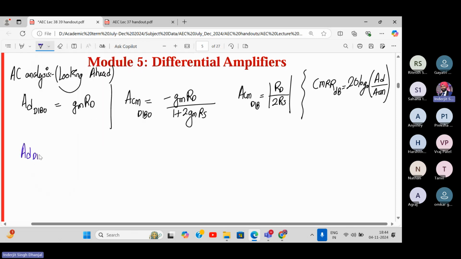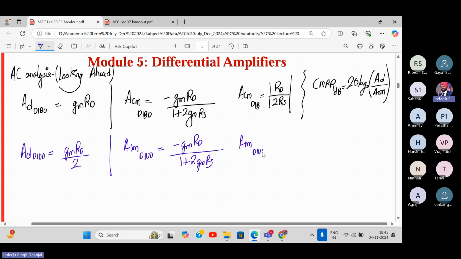AD of DIUO is actually GM RD by 2. Okay. ACM formula remains the same. ACM of DIUO is minus GM RD over 1 plus twice GM RS. It remains the same. So this formula also remains the same.